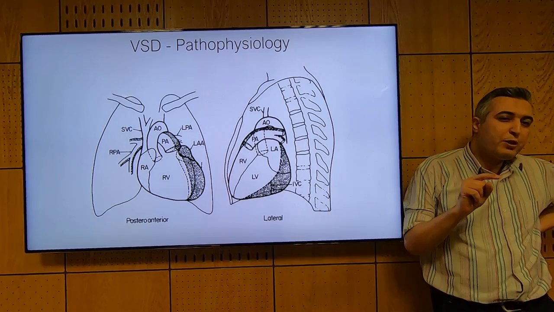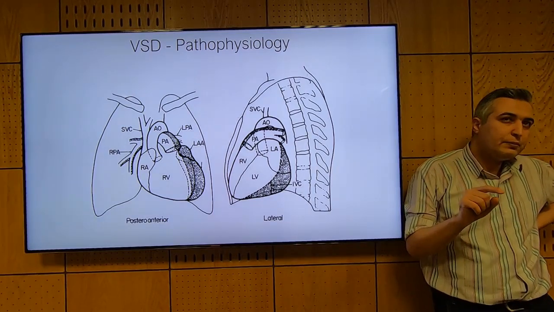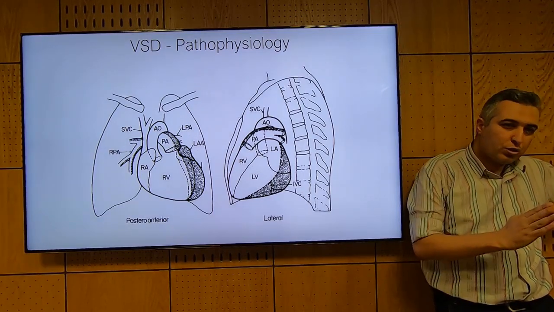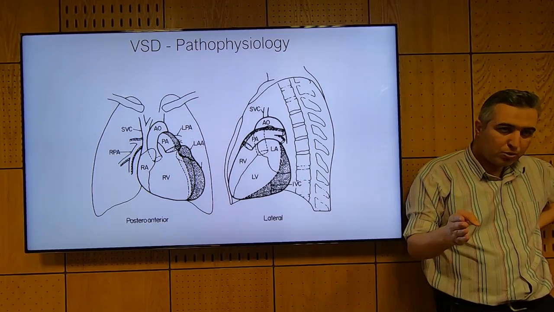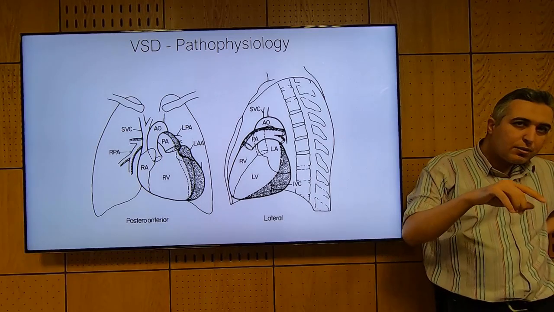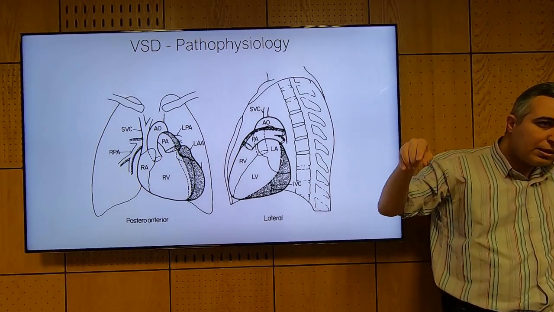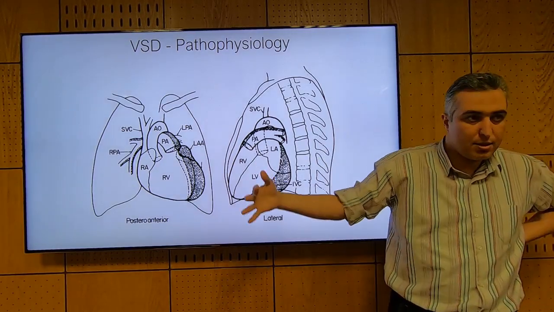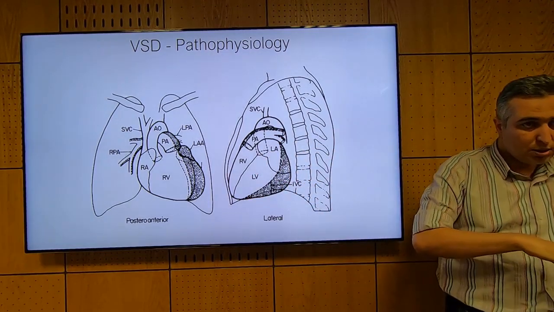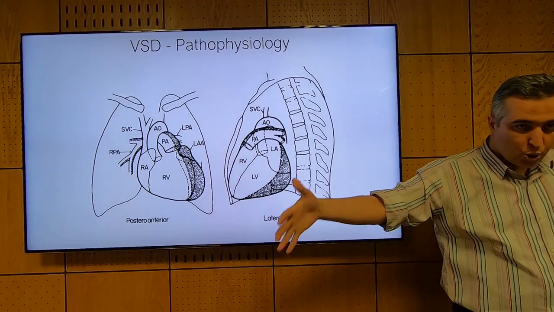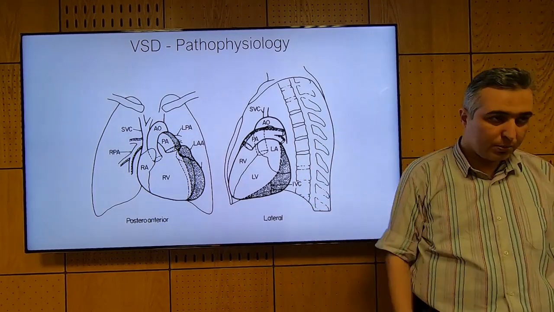So a patient that has a left-right shunt that causes increased pulmonary flow, that causes irreversible increase in the pulmonary vascular resistance, causing reversal of the shunt. This condition is called Eisenmenger syndrome.